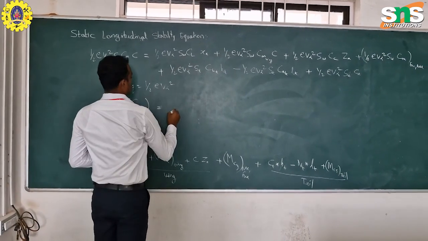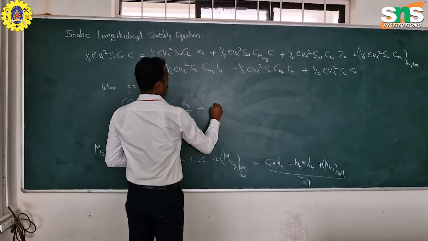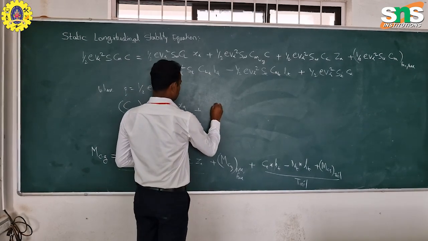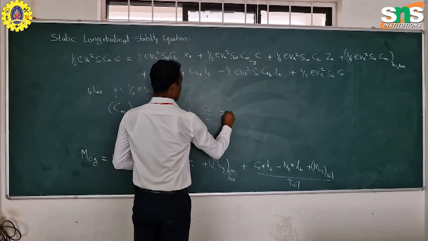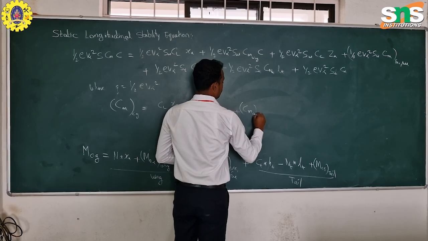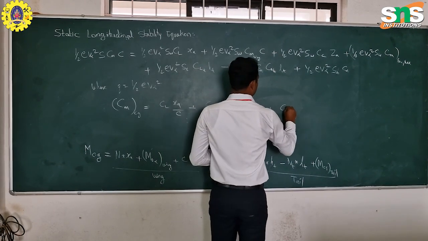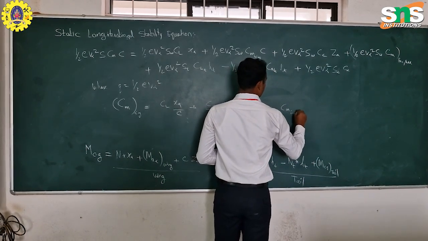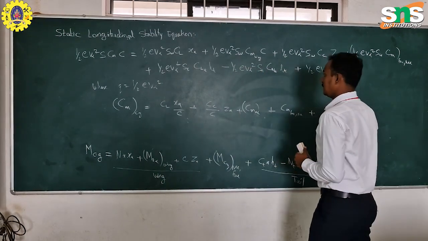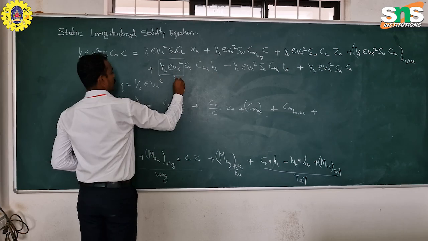We will get C L by X A by C for the wing, plus C C by C into Z A, plus C M C G for the wing aerodynamic center, this is the wing term, plus C M for the fuselage plus nacelle, plus for the tail, this entire dynamic pressure is for Q tail.